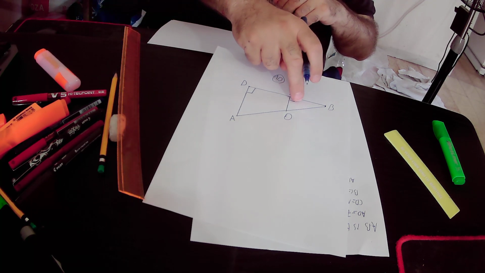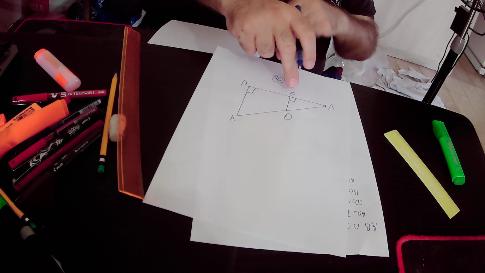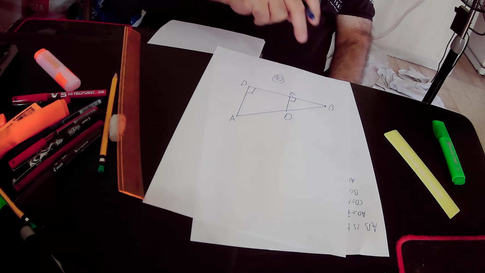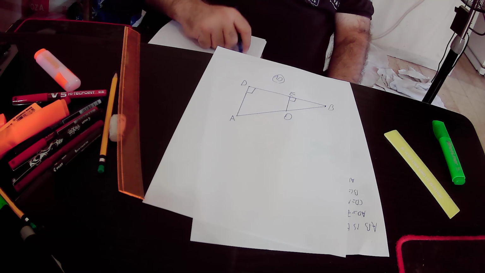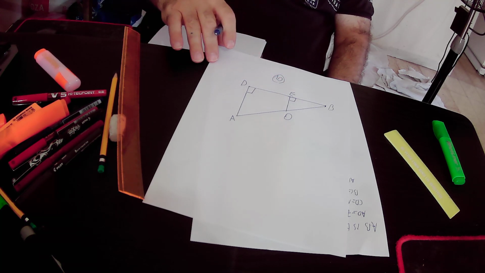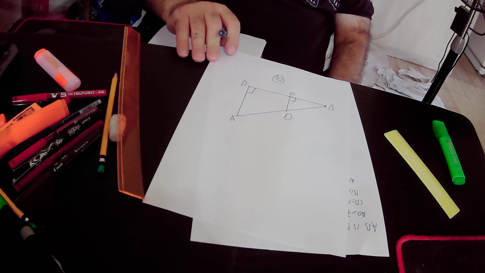We have the small triangle, and angle OED is a right angle, it equals 90 degrees. So we will focus on those two triangles that are actually right triangles.